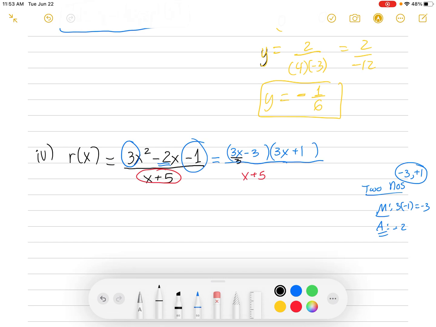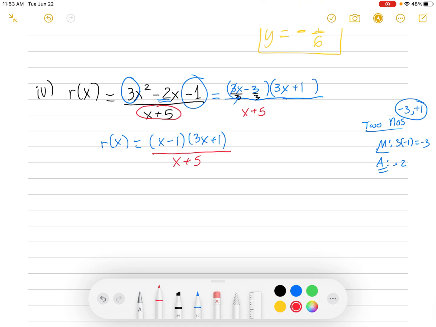And then I have to do one more thing. I have to divide out anything in common. So in my first pair of parentheses, I have a 3 in common I can divide out. So in reality, r of x is equal to, so here the 3's cancel. I get x minus 1 times 3x plus 1 over x plus 5.